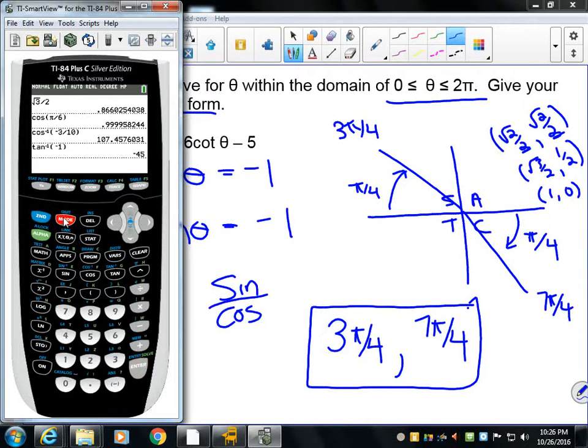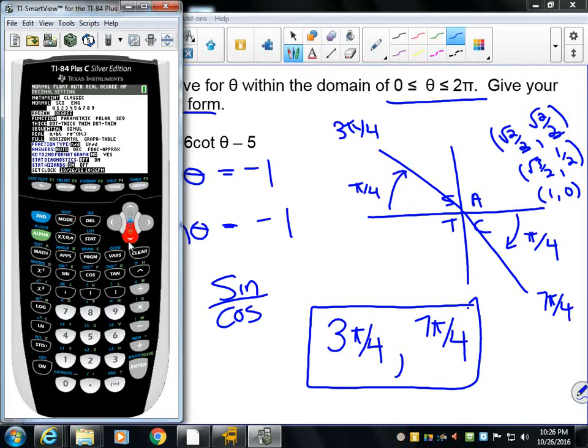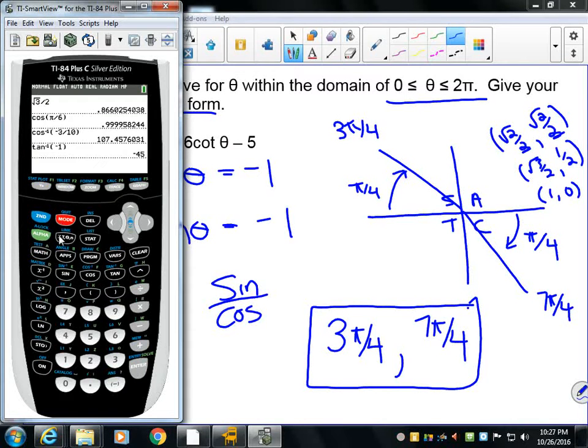If we change our mode into radians, I just want you to see this, because this is radian measure. If we go second tan of -1, it gives us this weird decimal, okay?